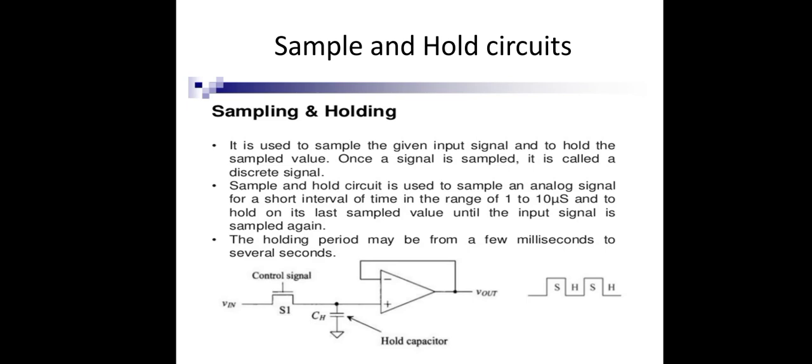Then next part is the sample and hold circuit. The sample and hold circuit also depends on the instrumentation amplifier. The instrumentation amplifier is the main part of the sample and hold circuit. This is the circuit diagram. Now see here the circuit diagram of the sample and hold circuit.